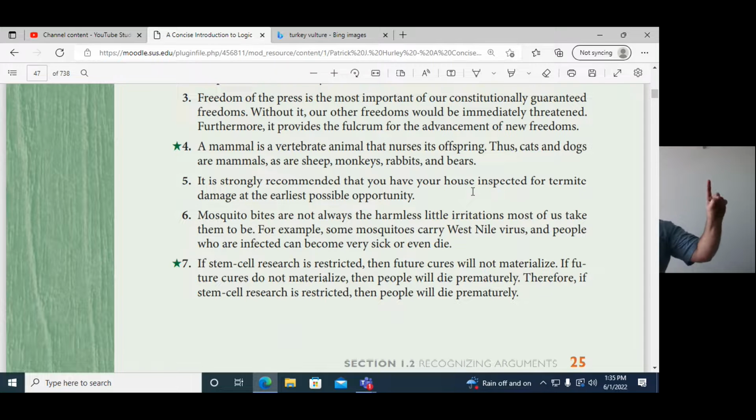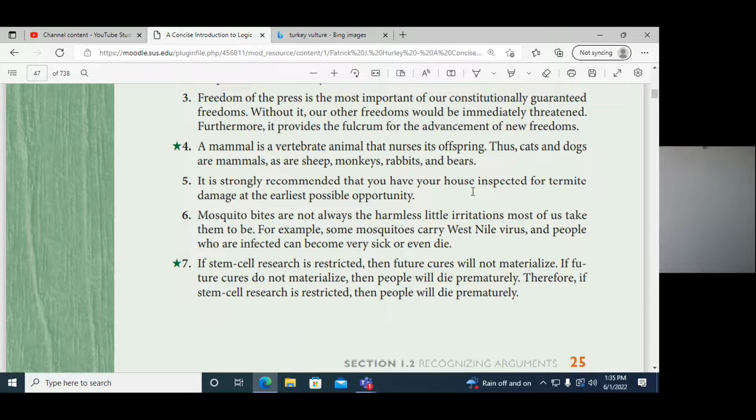Two. You need at least one premise and one conclusion. So, given that we don't have that here, what would this be? If someone's making a recommendation to us, yes, that's right. It's a piece of advice, right?